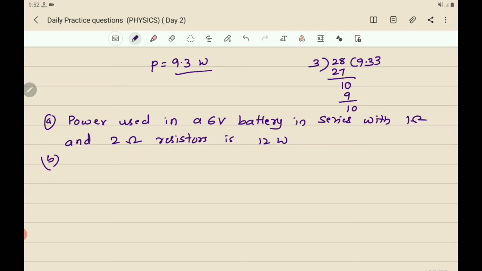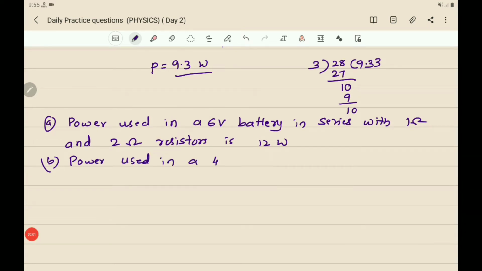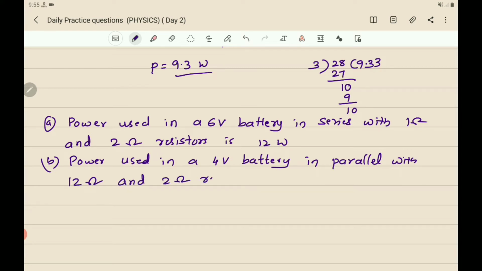We got that, that is 12 watt. Power used in four volt battery in parallel with 12 ohm and 2 ohm resistors is how much? Is 9.3 watt.